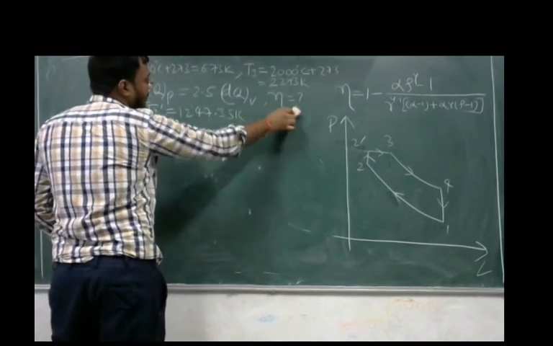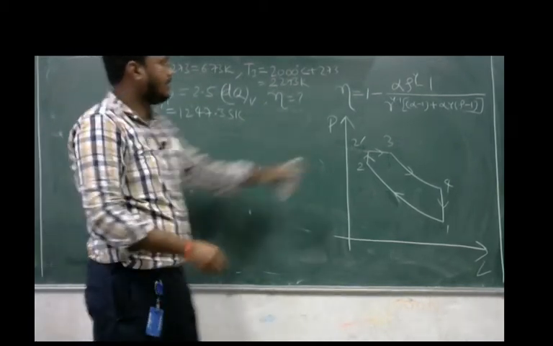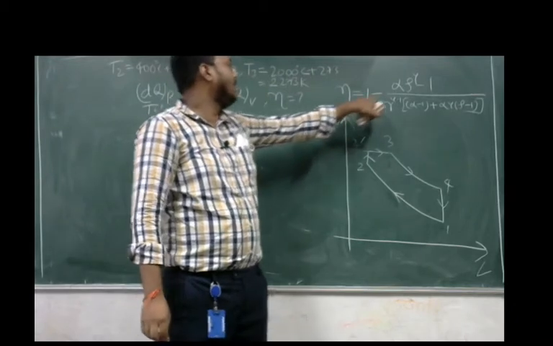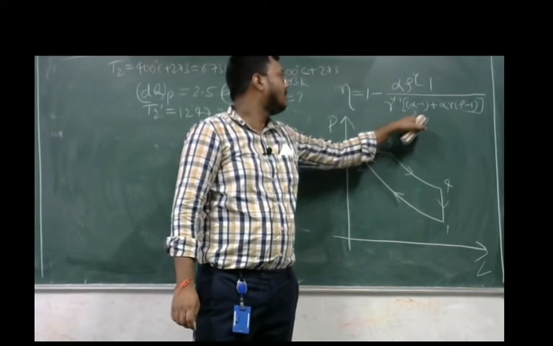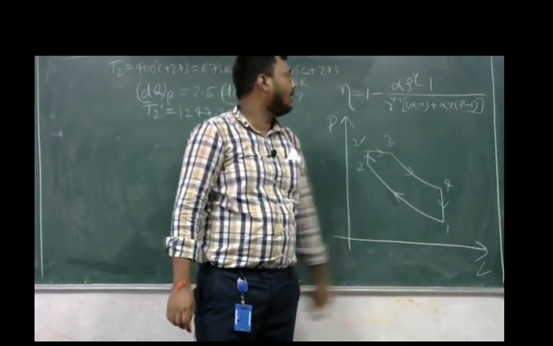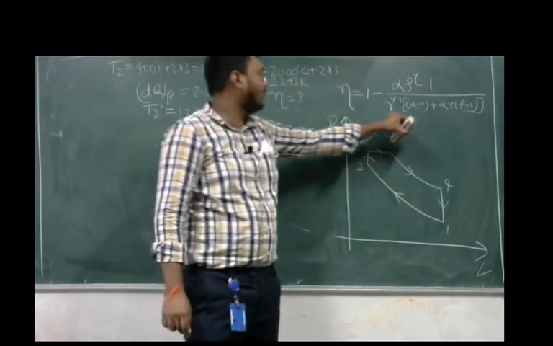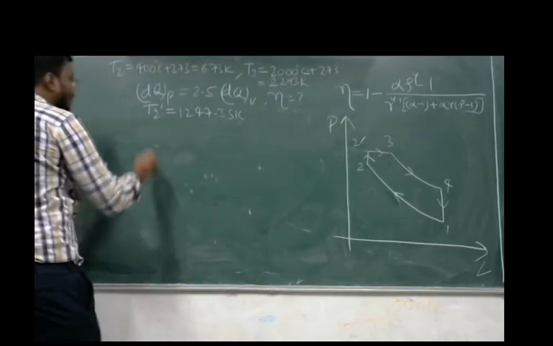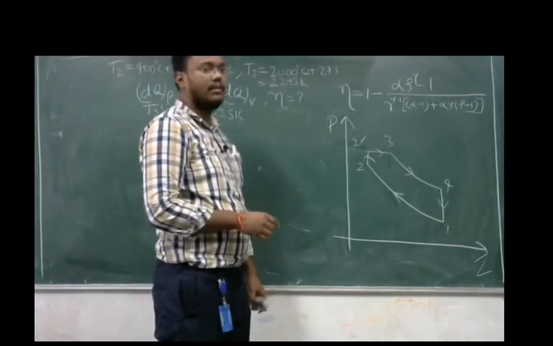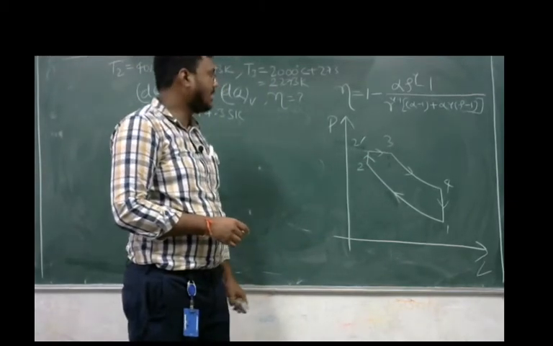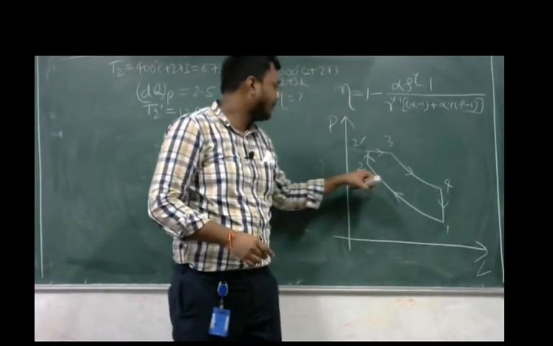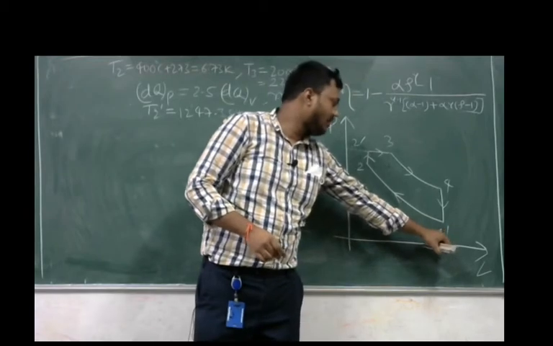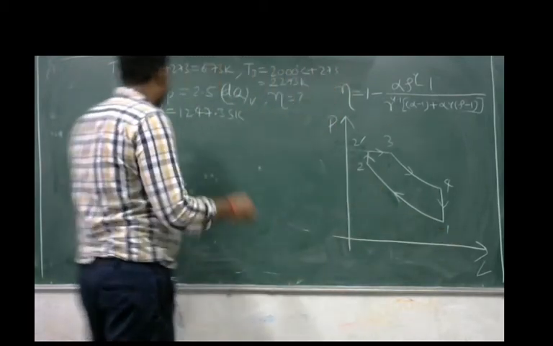Now what is the question asking? The question is about efficiency, and we know the formula of efficiency. In efficiency we need alpha, rho, gamma, and r. First we find the value of the compression ratio r. The compression ratio is nothing but V1 by V2, which we can find from the compression process from 1 to 2.